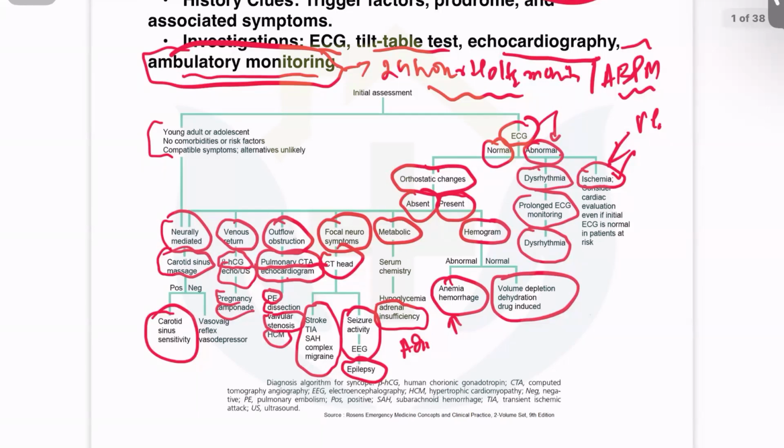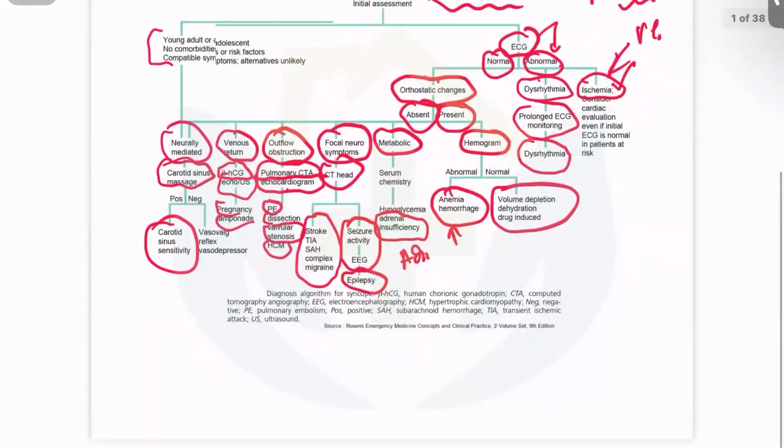And of course, if the ECG has some changes, these changes can be arrhythmia related or they can be ischemia related. If it is ischemia related, then you should rule it out by that algorithm: get a baseline echocardiogram. If still not convinced, then get a stress echo, or then you can take up a CT angiogram or a coronary angiogram. Okay.